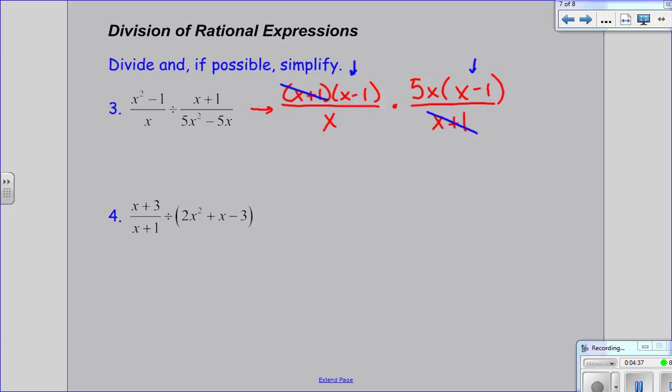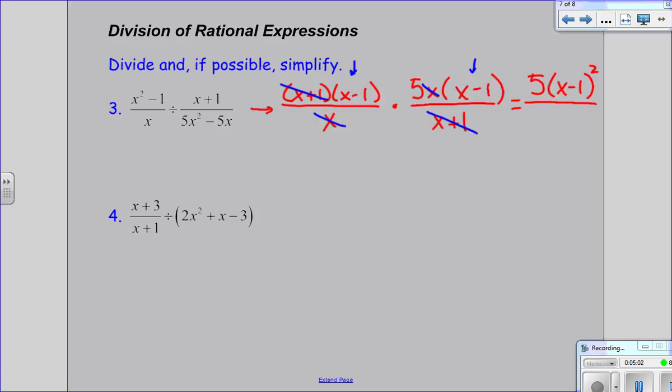So let's see, there's one more common factor we can remove. This x can be removed with my other x, because those are both common factors as well. So now I'm left with, when I multiply across, in the numerator, 5 times x minus 1 times x minus 1, or 5 times x minus 1 squared.